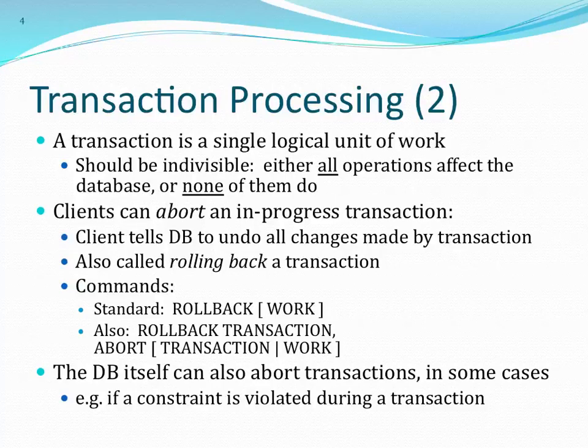You can even have those situations as well. We'll talk about why you would have that when we start talking about concurrency control. But you can imagine something where maybe a series of steps in the transaction violates a constraint in the database. So the database says, I'm sorry, this transaction needs to be aborted, or there can be other reasons as well.